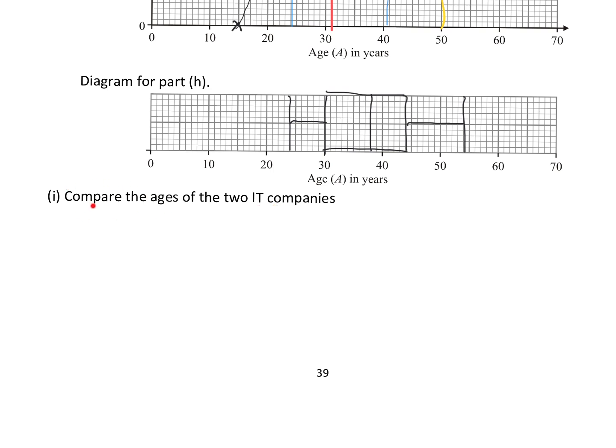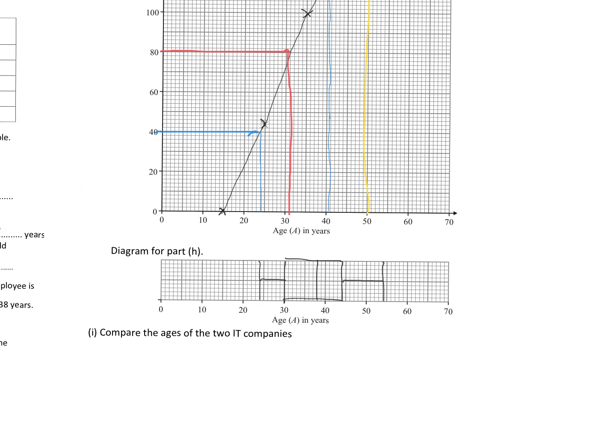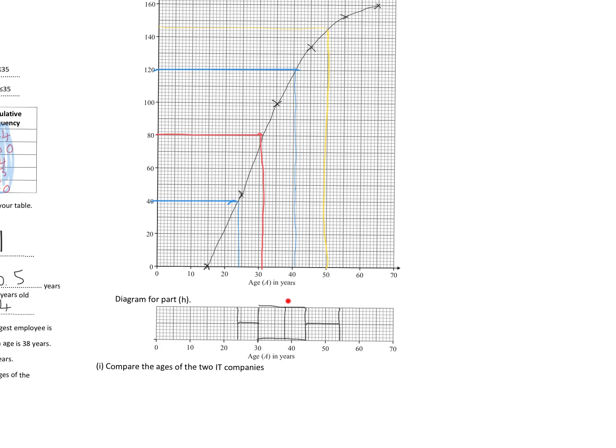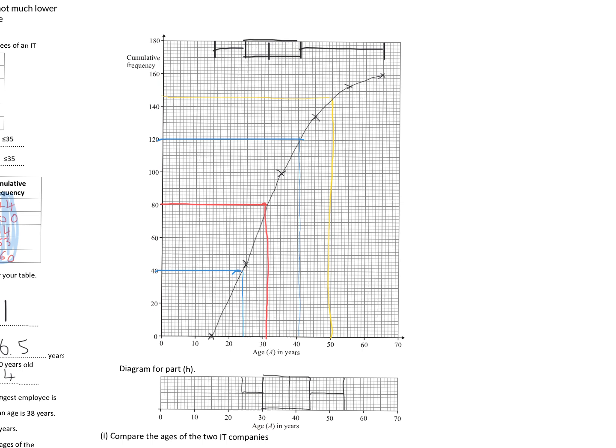So for repetition from the previous questions, when you see compare, you're looking at average and then you're looking at spread. So average, I'm looking at this line here and I want to know, is it higher or lower for banana? And it's considerably lower for banana.